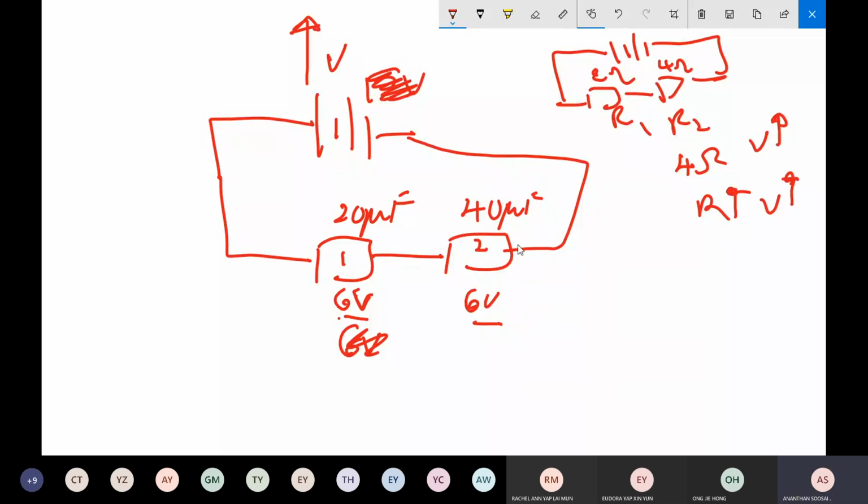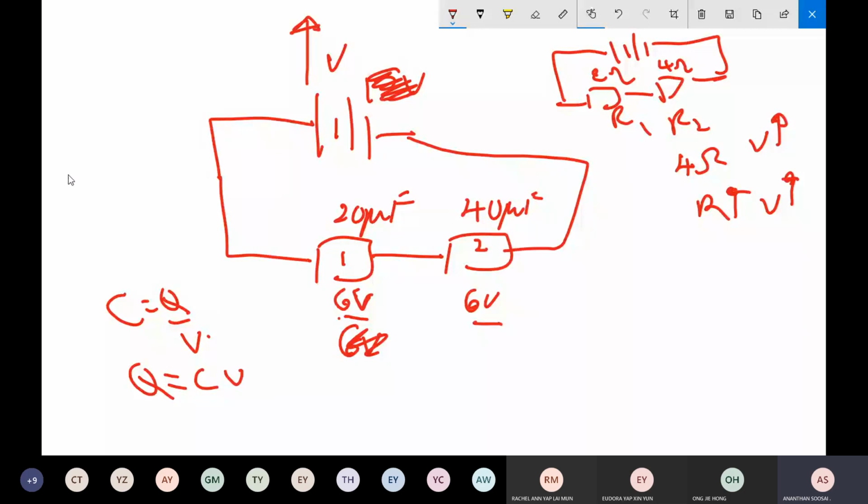But for capacitors, it's the other way around. Which is going to use a big voltage? The small capacitor will use a big voltage. 20 microfarad will use a big voltage because of what? C equals Q over V, so Q equals CV. Both at any moment store the same charge.